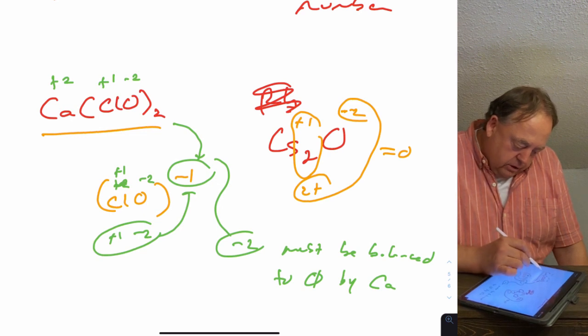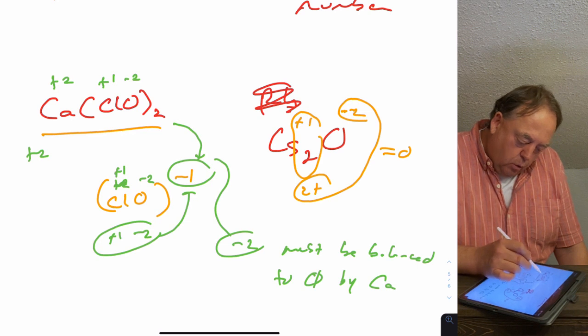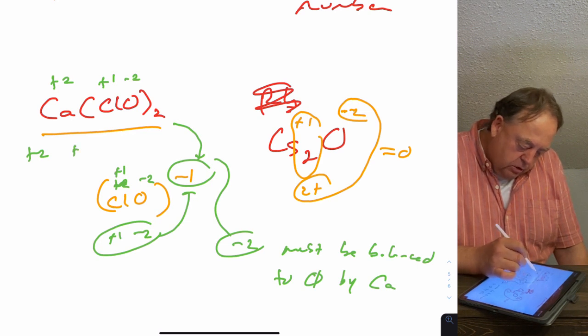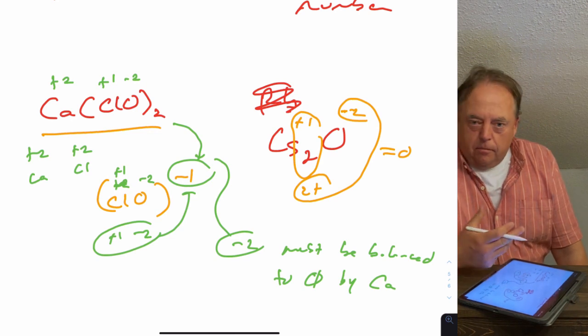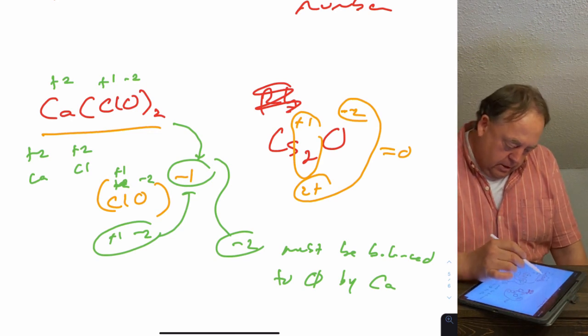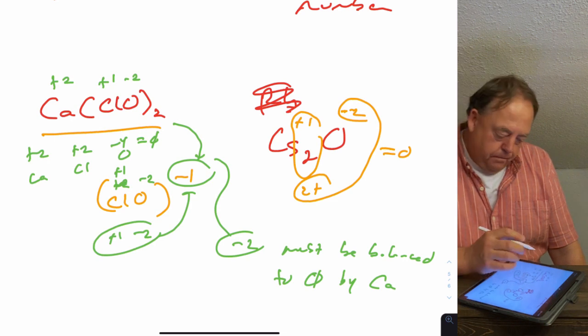So again, that's 2 positives from calcium. Each chlorine's +1, so that's 2 positives from all of the chlorines together. And then each oxygen's -2, and there's 2 oxygens in each, so that's 4 negatives from all of the oxygens, and that sums to 0.